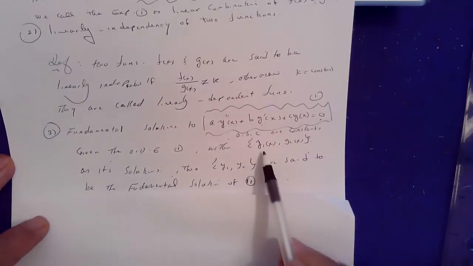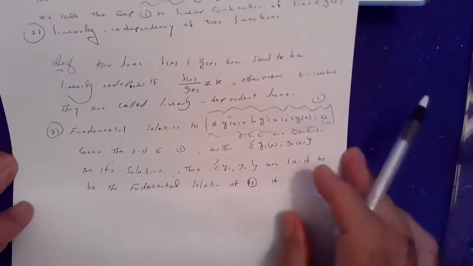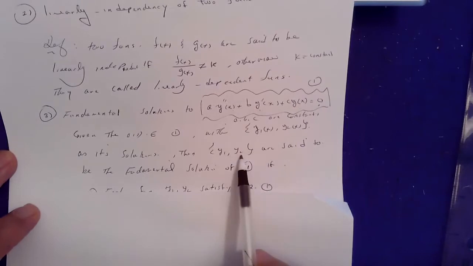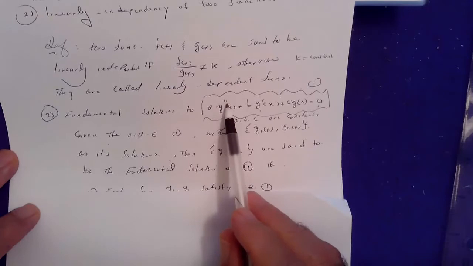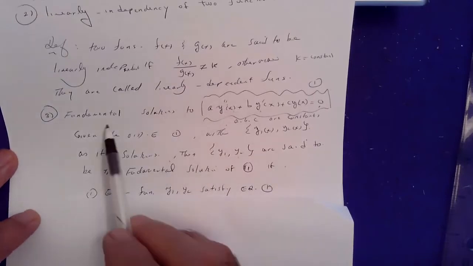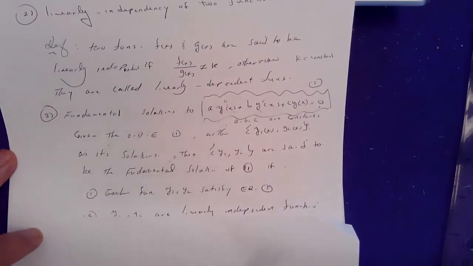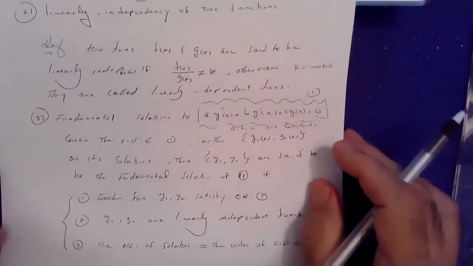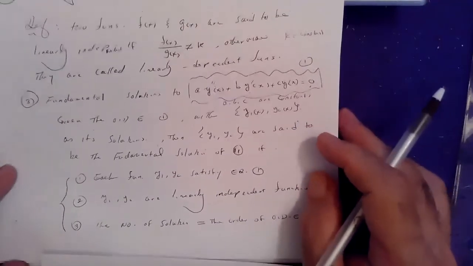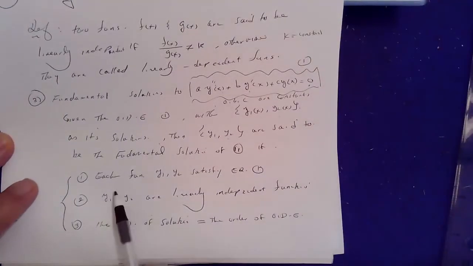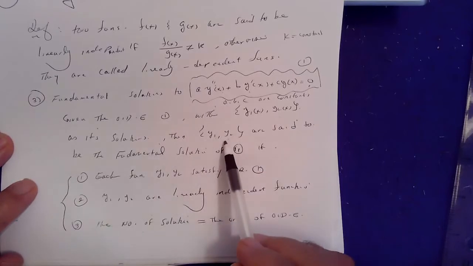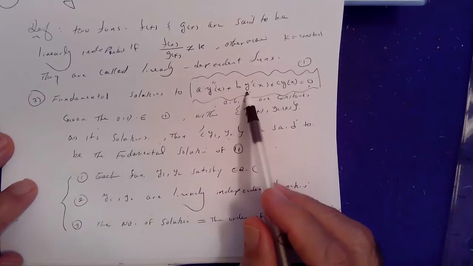if you have y1 and y2 as its solutions, notice I have two solutions because it's second order, they are said to be fundamental solutions if they satisfy three conditions, correct? You can't just take any old solution and call it fundamental. Each of these functions has to satisfy the differential equation.